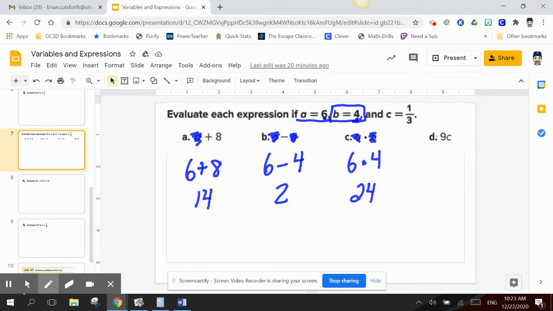The last one is 9 times c, or 9c. So again, 9 stays the same. I'm multiplying that by the value of c. c is 1/3. So I take out my variable, I put in the value. And I multiply. 9 times 1 is 9. 1 times 3 is 3. And 9 divided by 3 is 3.